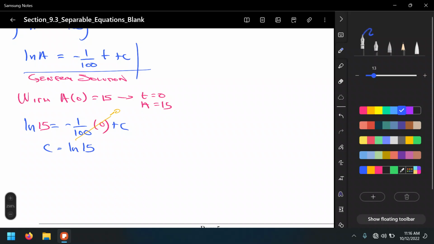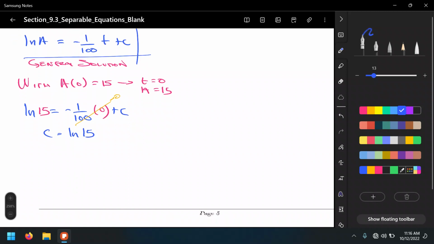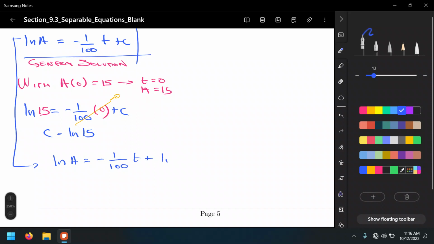Right. So we may go about finding the particular solution to the equation. ln of A equals negative 1/100 t plus c, which in this case is ln of 15. Now our goal is to get a single expression of A that depends on t.